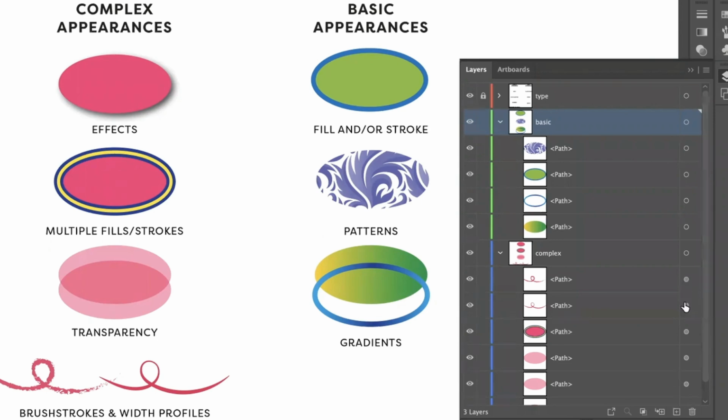So when I see this here, I'm like, oh, all I really need to do is look over here and say, oh, yes, something's up with this appearance. Maybe there's a couple of fills stacked up. Maybe there's transparency applied to this object. Maybe there's a brush stroke on it and that sort of thing. So it can give you a quick way of looking at this in the appearance panel, just to know what's up.